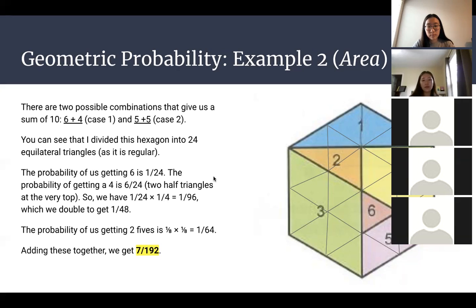This one might have been a little bit confusing, but you just have to make sure you double when you're supposed to and don't double when you're not supposed to. This makes sense when you say it out and draw it out like that, but when you're actually doing it on a test, it's not this easy because you can't really draw it out. The big thing is noticing the equilateral triangles, because if you don't have that, it's going to be really, really hard.